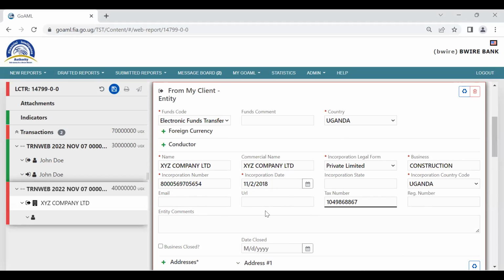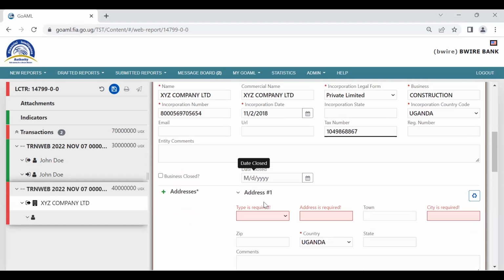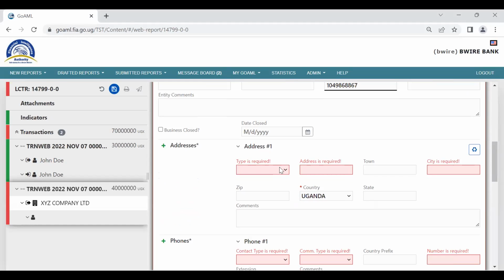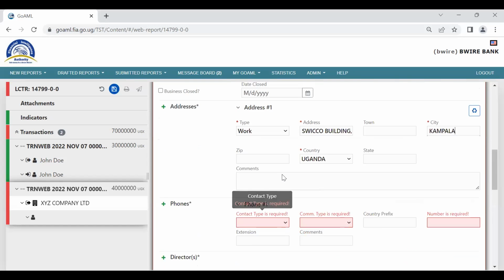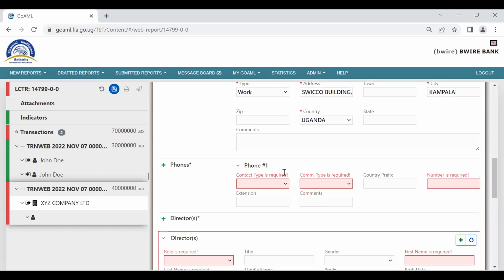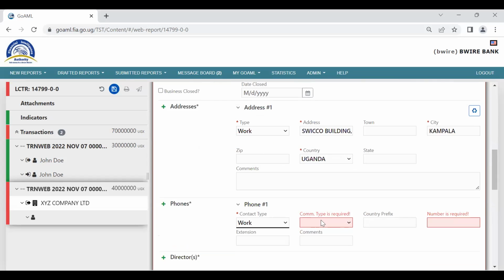Okay, so we move to the address details of the company. You'll notice the structure of this information is quite similar, the address information and the phone information.